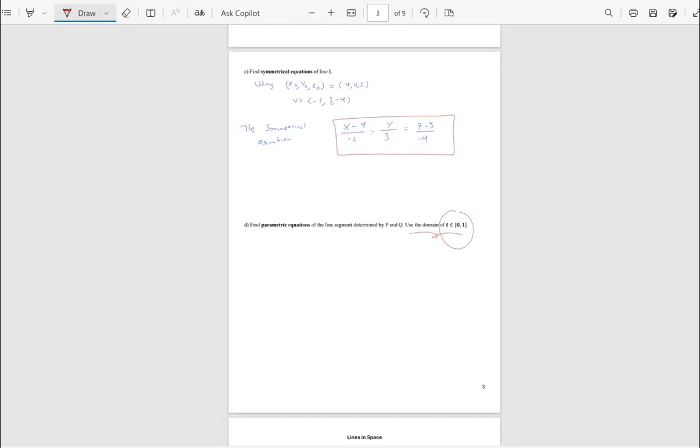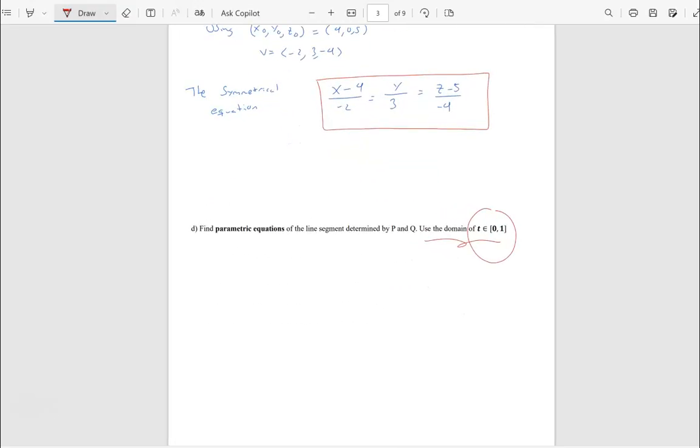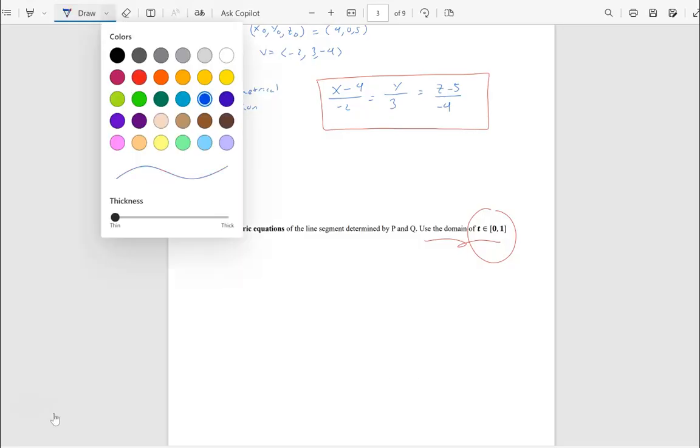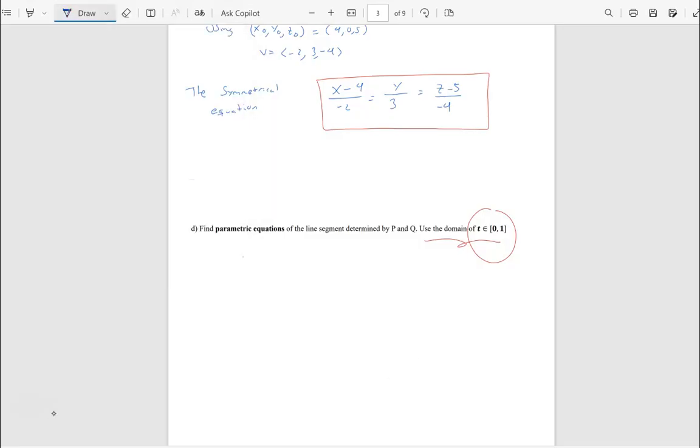So in this case, our final answer is that x is equal to 4 minus 2t, y is equal to 3t, and z is equal to 5 minus 4t.